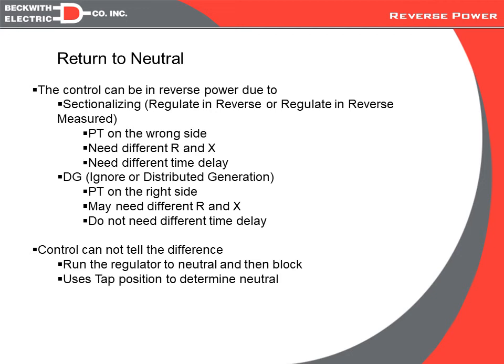So that'll be a new feature in the next version of firmware that we'll be calling Smart Reverse Power. And in that mode, you really would not need to have the return to neutral, but it'll still be available if you want to.